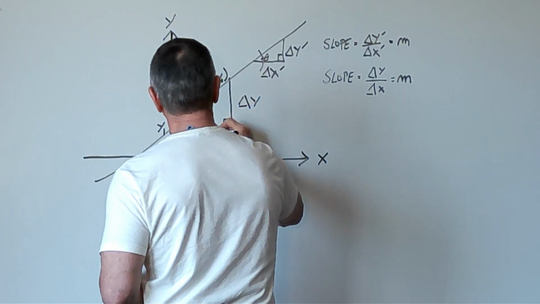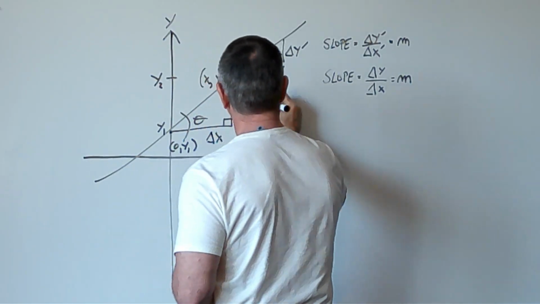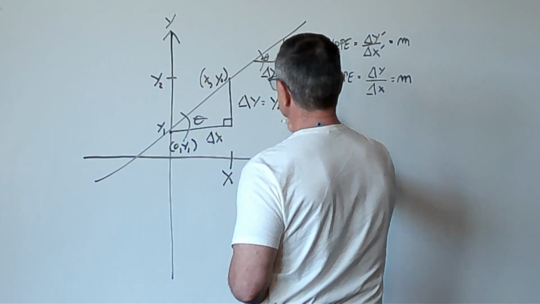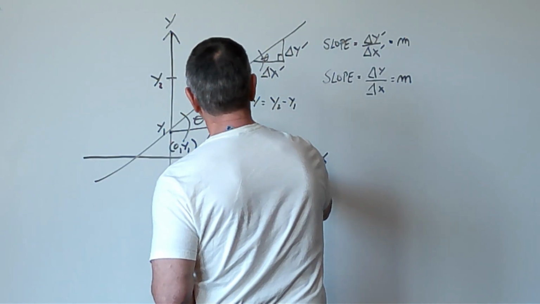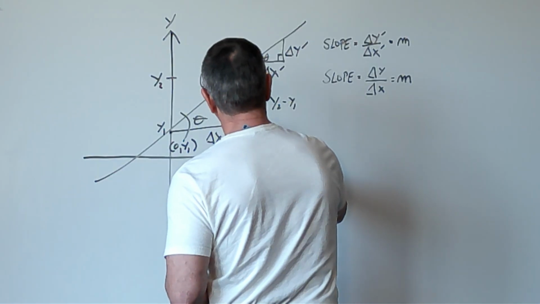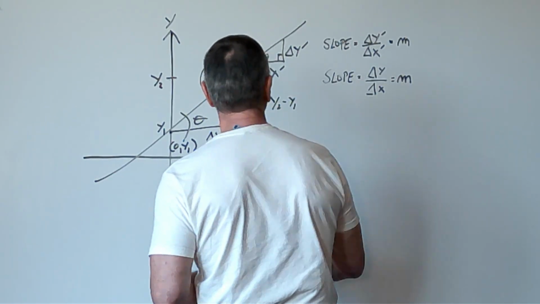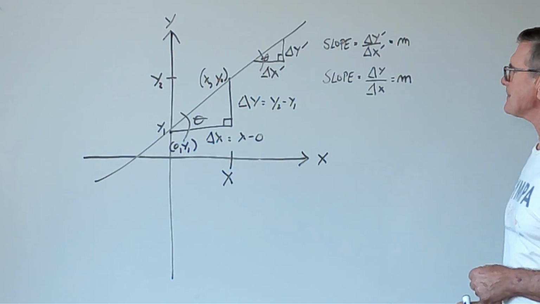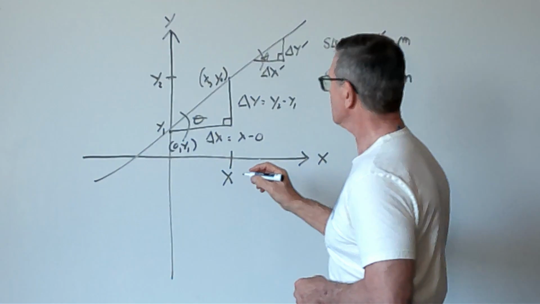A closer examination of the significance of delta x, which is equal to x2 minus 0, shows that delta x is equal to x2, which can take on any value along the x-axis. Therefore, delta x can simply be represented by x.